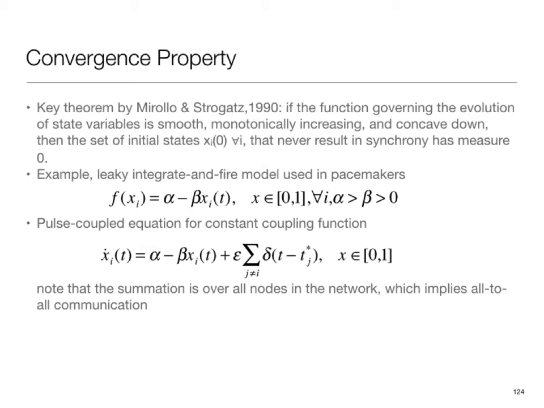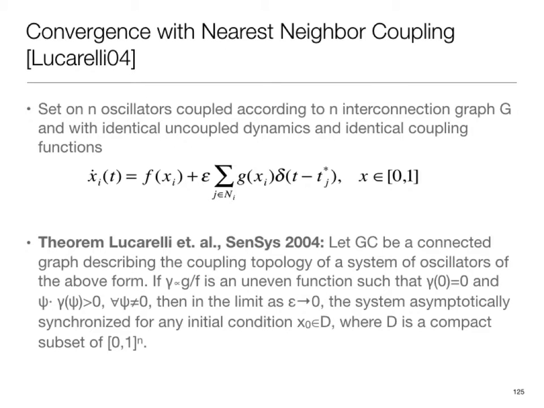This was then exploited in wireless networks in a paper in 2004, which had a theorem that described certain conditions the network topology has to satisfy in terms of the connection matrix of the network. If those properties were satisfied, then the synchrony would happen.